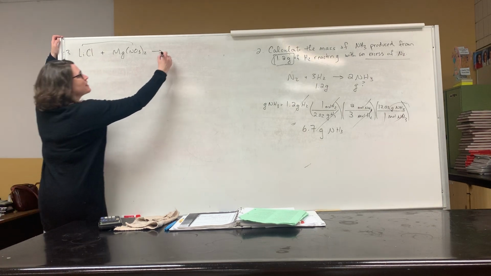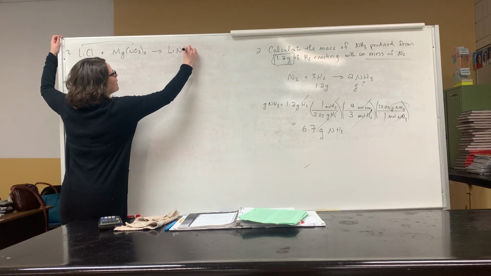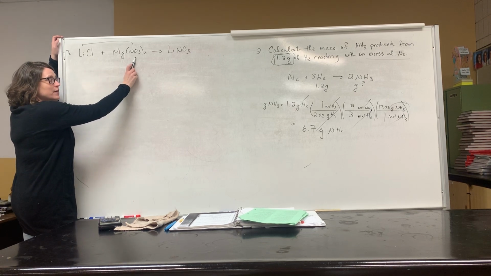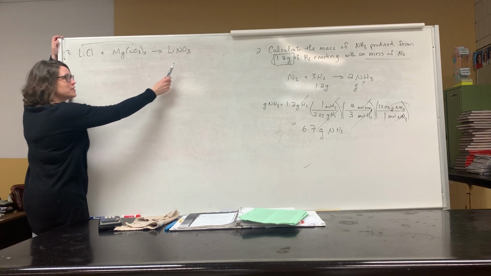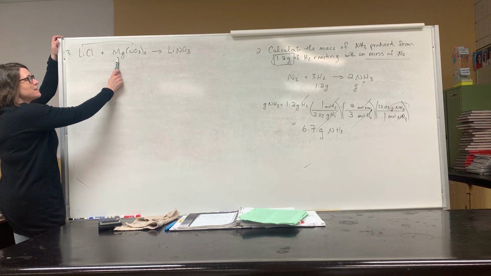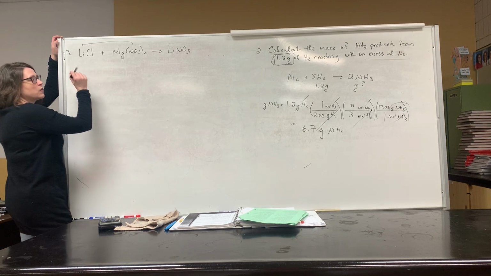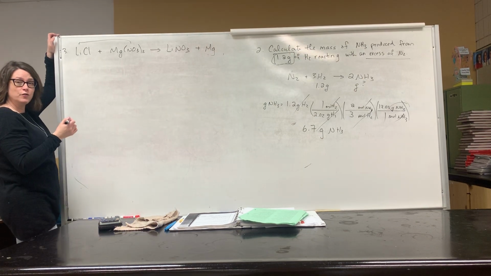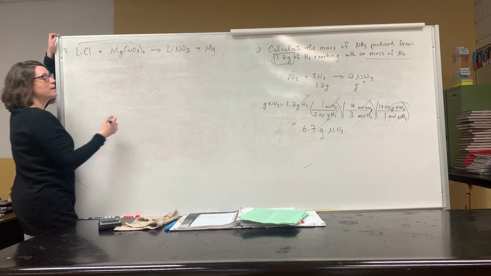Lithium is going to hook up to the nitrate, so lithium nitrate. Now the lithium has an ionic charge of 1 positive, nitrate is 1 minus, so they bond in a 1-to-1 ratio. Magnesium is going to join up to the chlorine. Magnesium has an ionic charge of 2 positive, chlorine is 1 minus.